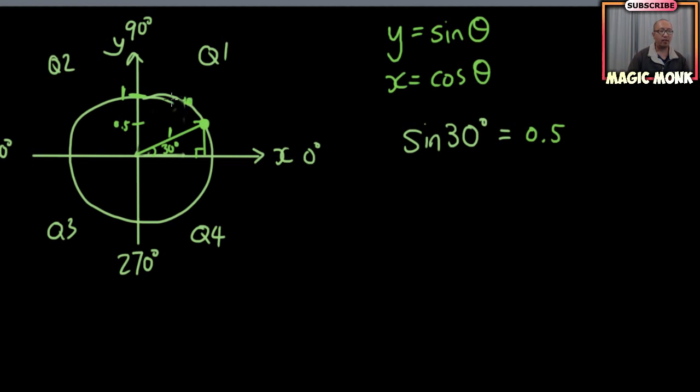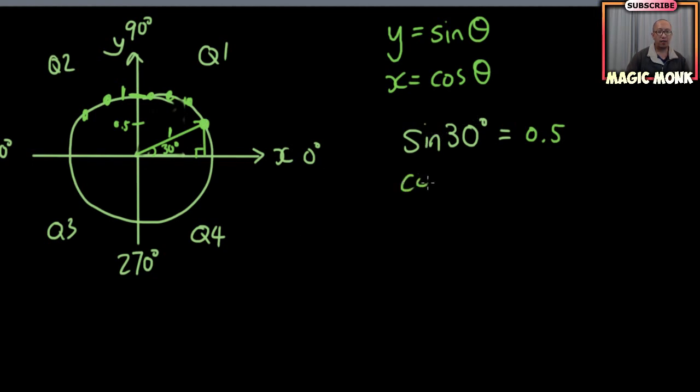So whatever theta is, if you want to know the x coordinate or the y coordinate of a point on the unit circle, you just type in either sine or cosine and it tells you.